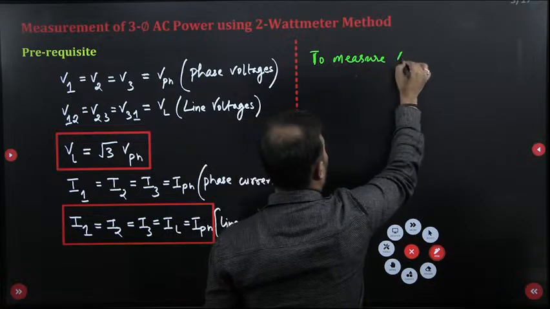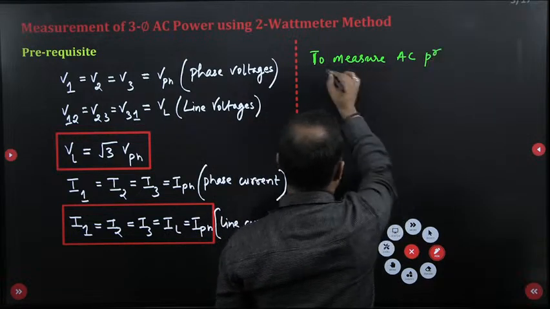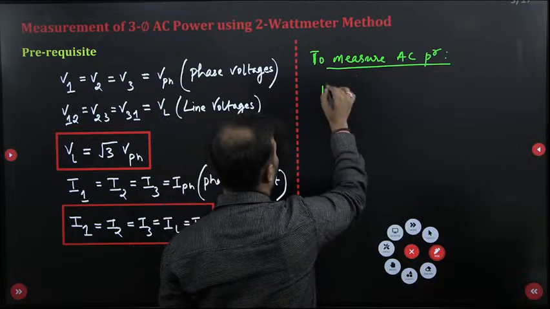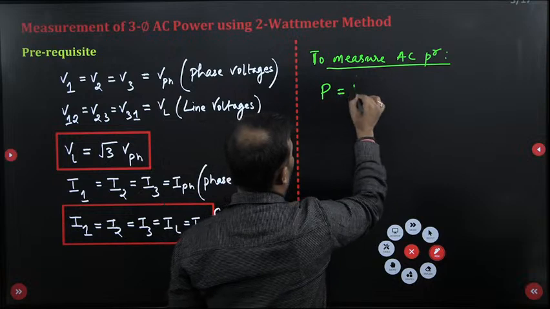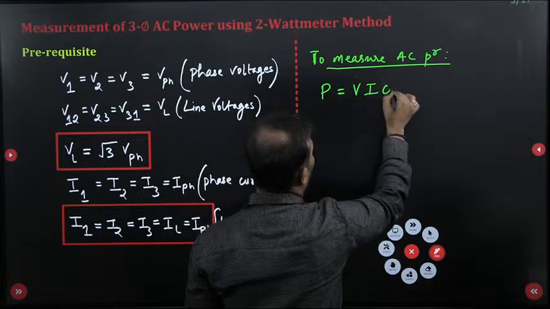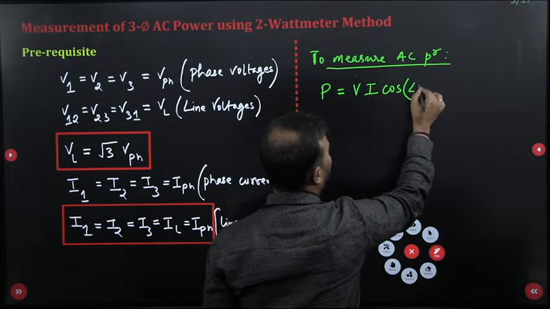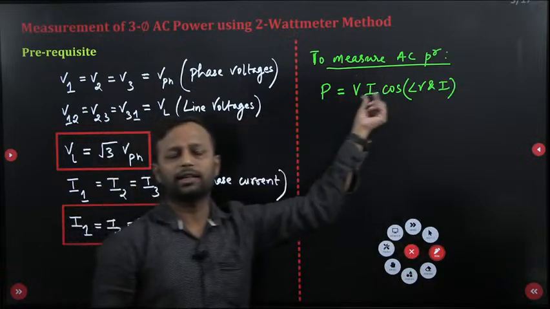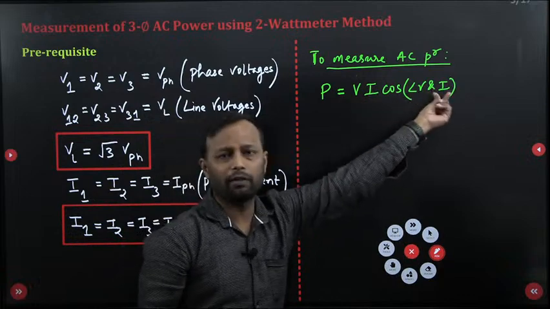We know the formula P equals voltage into current into cos of the angle between V and I. So this V and I are the phase voltage and phase current, and the angle difference between those two.